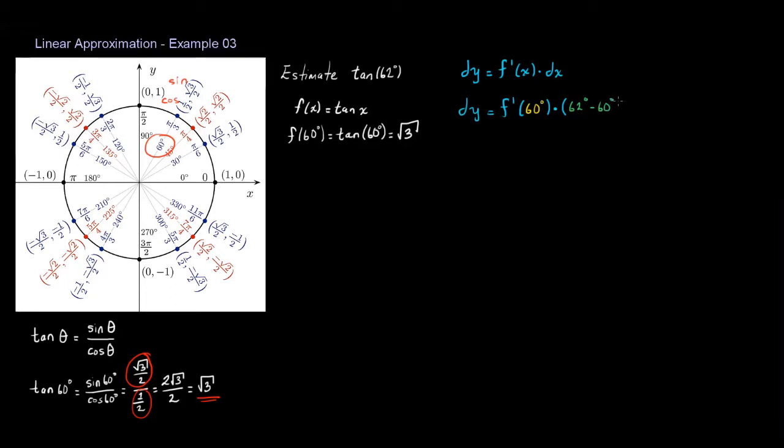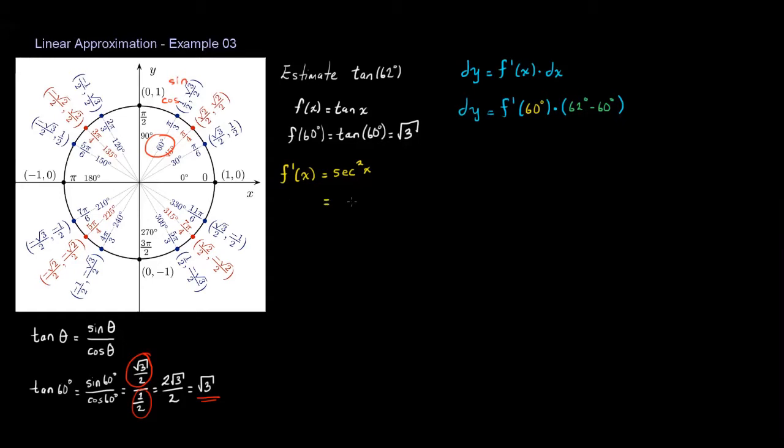Now, to close this bracket, let's first find this f prime of 60. I'm going to do it down here. I'm going to start by taking the derivative of this f of x. The function is tangent of x, so this will turn into secant squared of x.